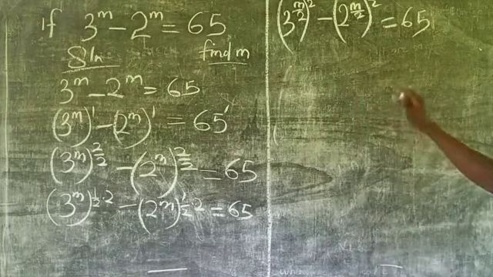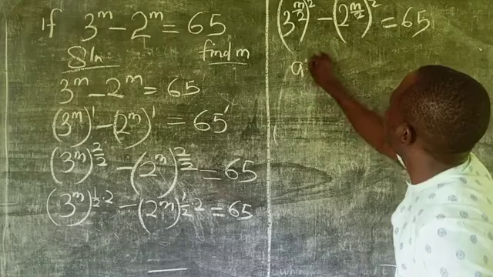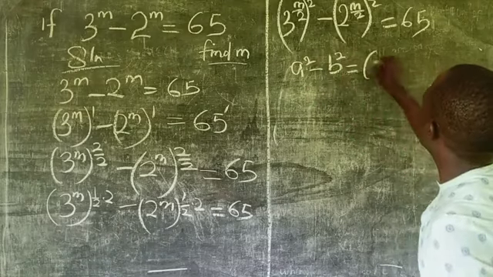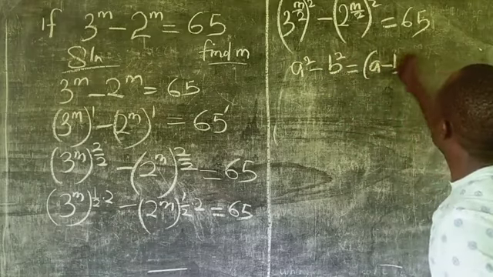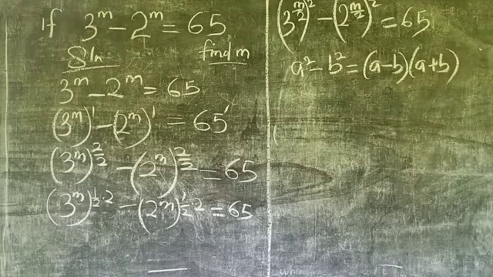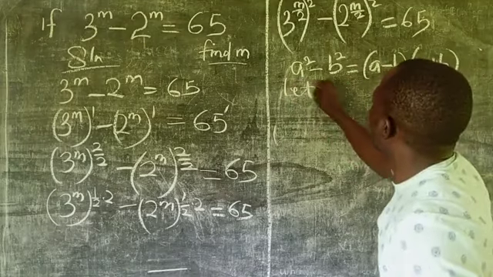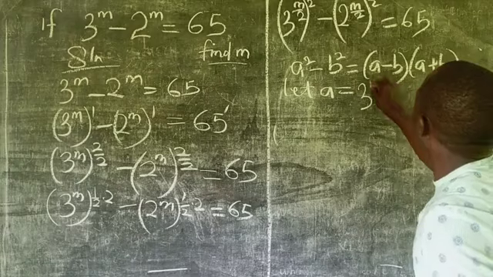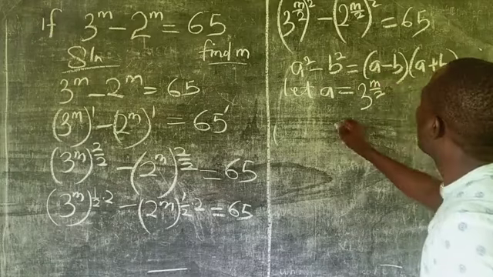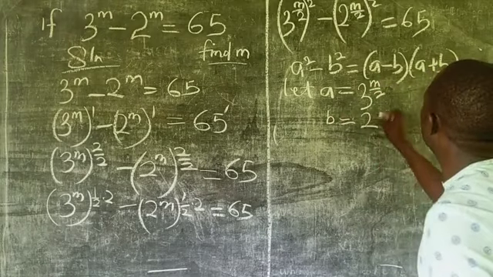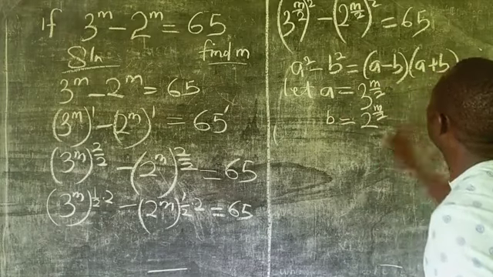Okay, so we continue. If I have a raised to power 2 minus b raised to power 2, it is equal to a minus b times a plus b. You see this? Is what we have here. Let's go by saying that let a equal to 3^(n/2) and b equal to 2^(n/2).